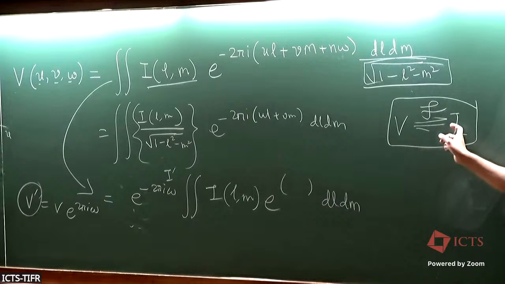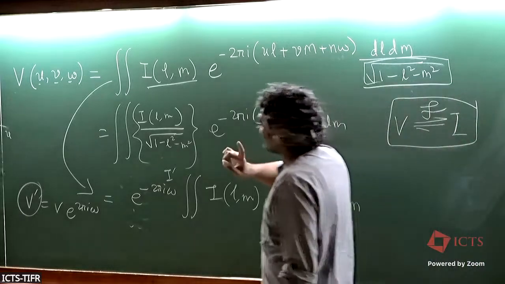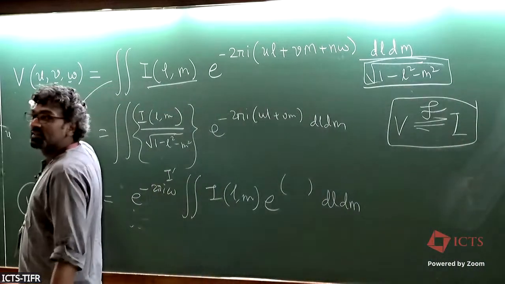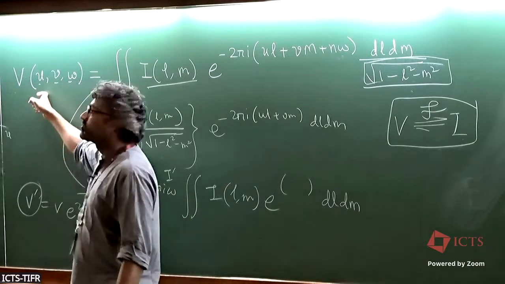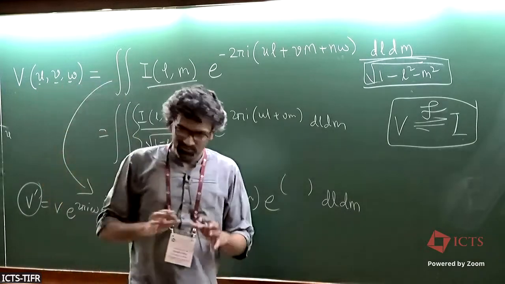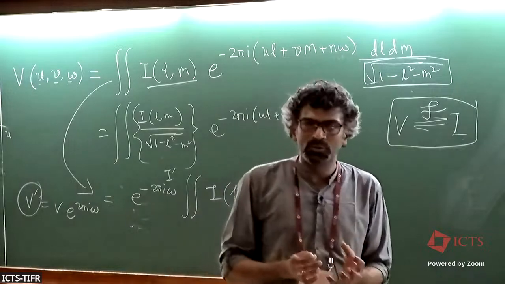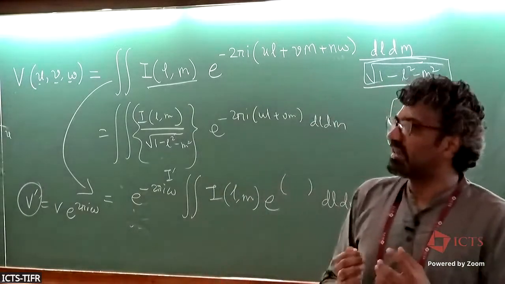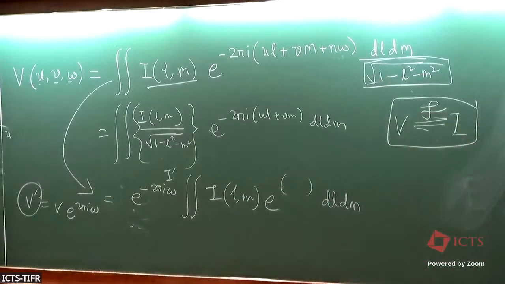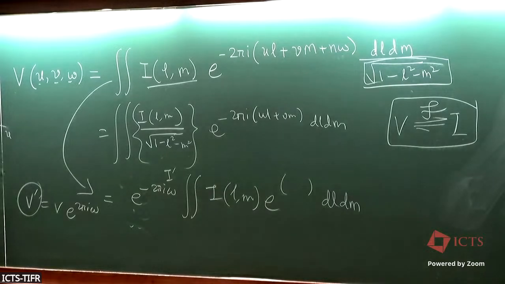Okay, now there is a very interesting thing about the Van Cittert-Zernike theorem, and those who are interested should look at it. It has very beautiful physics encoded there, which is connected to the coherence of electromagnetic radiation. Okay, any interferometry is basically you are playing with the coherence of electromagnetic radiation. There are two types of coherence that we normally talk about: temporal coherence and spatial coherence.